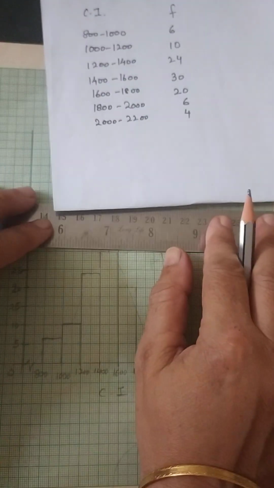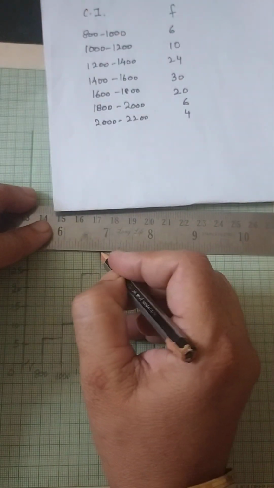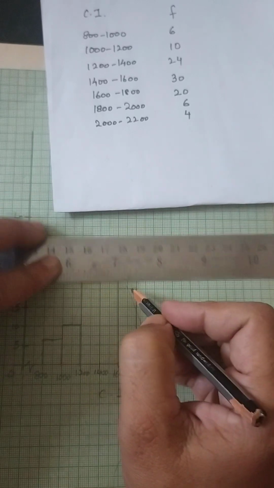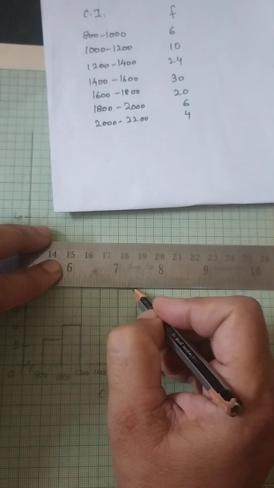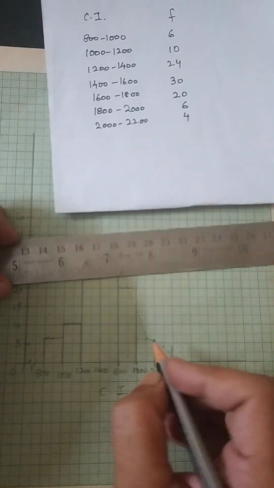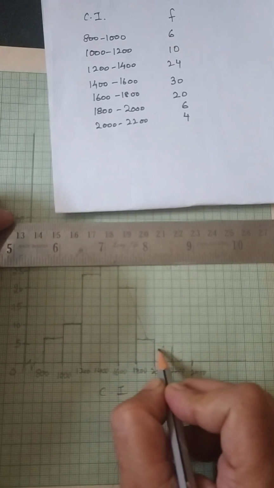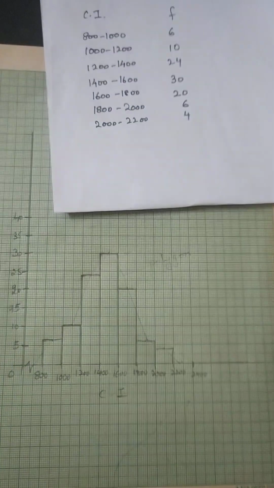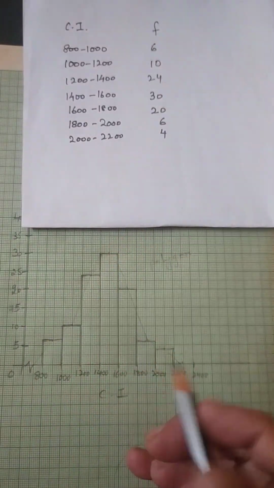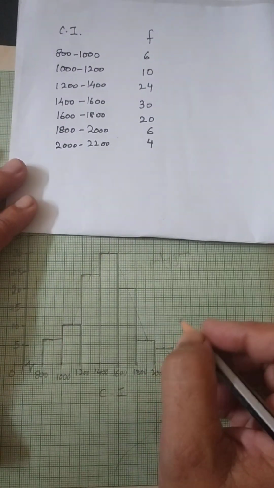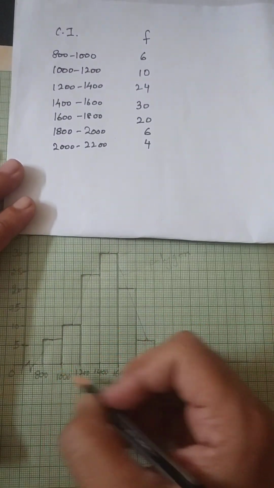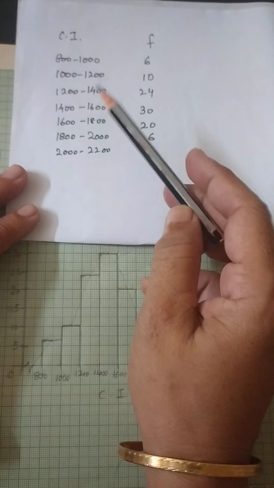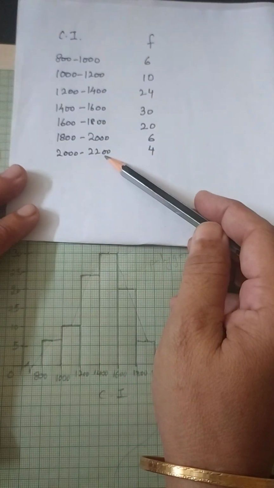You can complete these. Okay. Now this is what we call a histogram, right? So we have the histogram which is representing the continuous data.